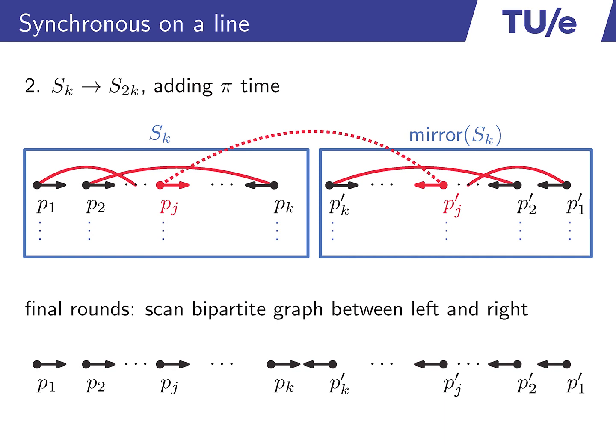If k is odd, this regular bipartite graph has a perfect matching removed, so it's still a regular bipartite graph which we can scan in the final rounds. The first rounds of the schedule take the same time as Sk, and the final rounds are done with one rotation of angle pi, so the schedule indeed adds pi time.